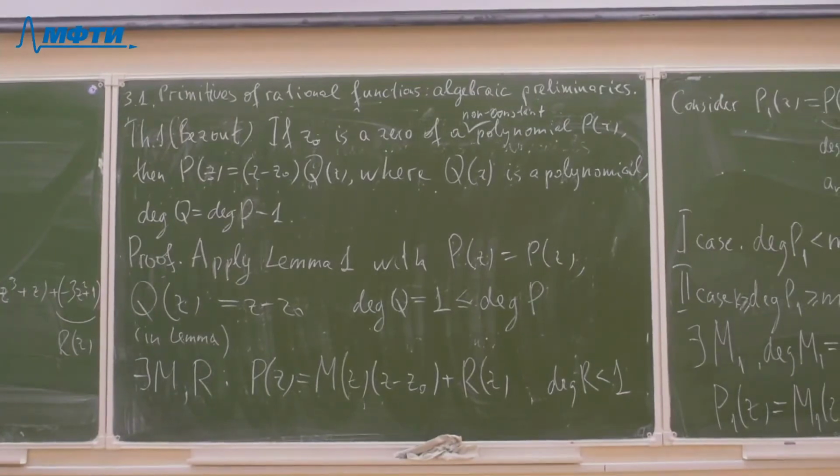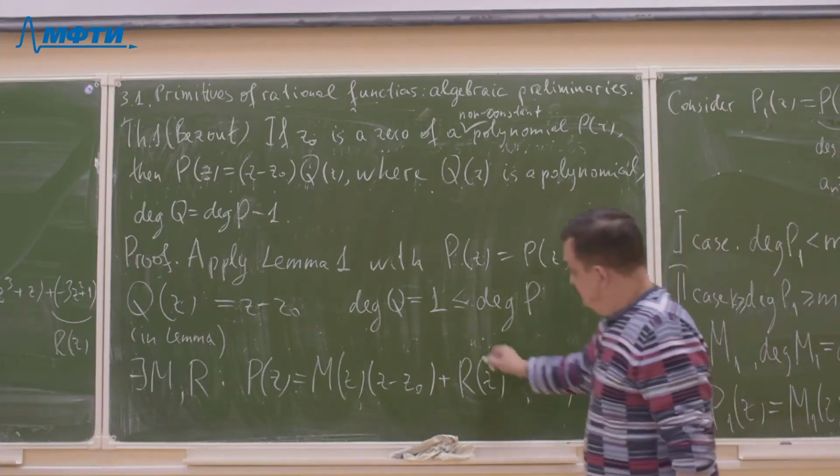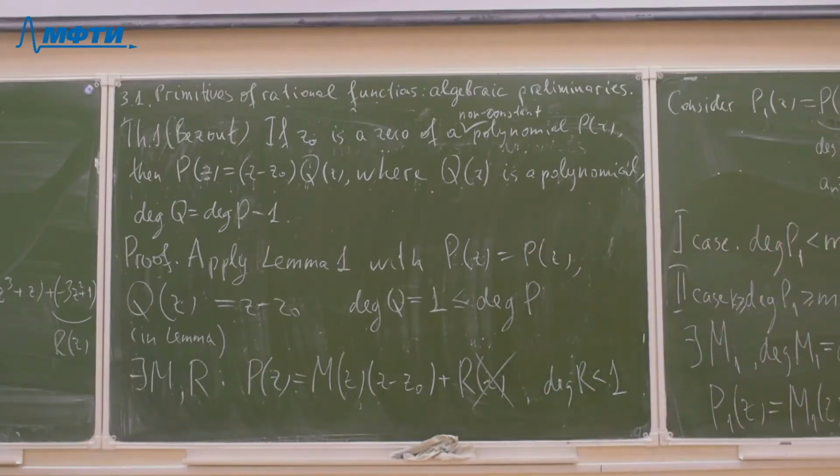What does it mean for the degree of a polynomial to be strictly less than 1? It means degree equals 0. No other possibilities. So it means, in fact, R is a constant.